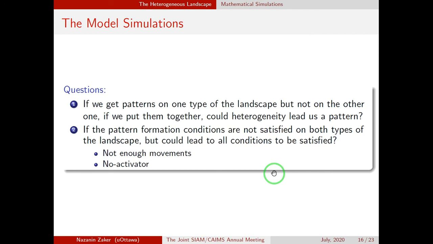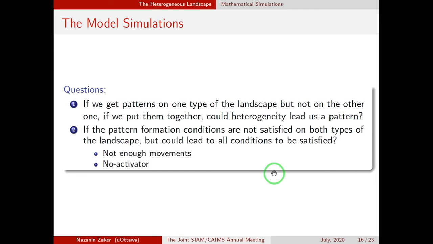So in fact, we had these two questions to answer in our heterogeneous landscapes. The first is: if we get patterns on one type of landscape but not on the other, when we put them together, could heterogeneity lead to a pattern?